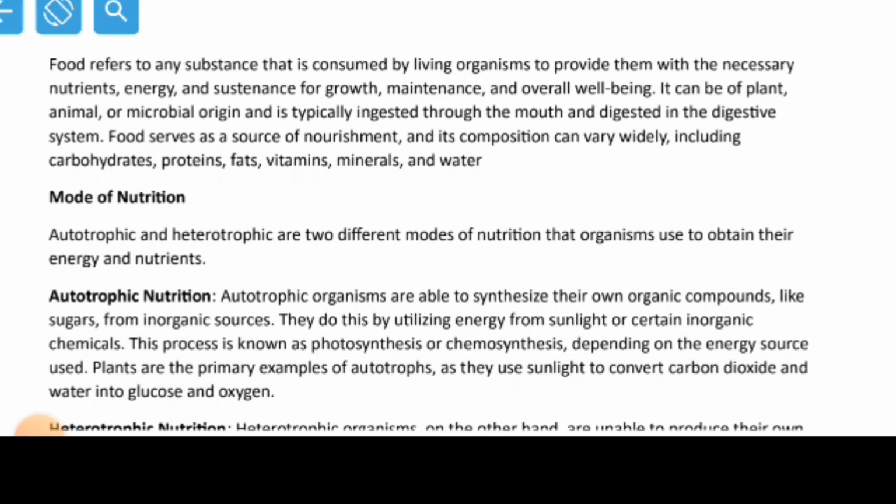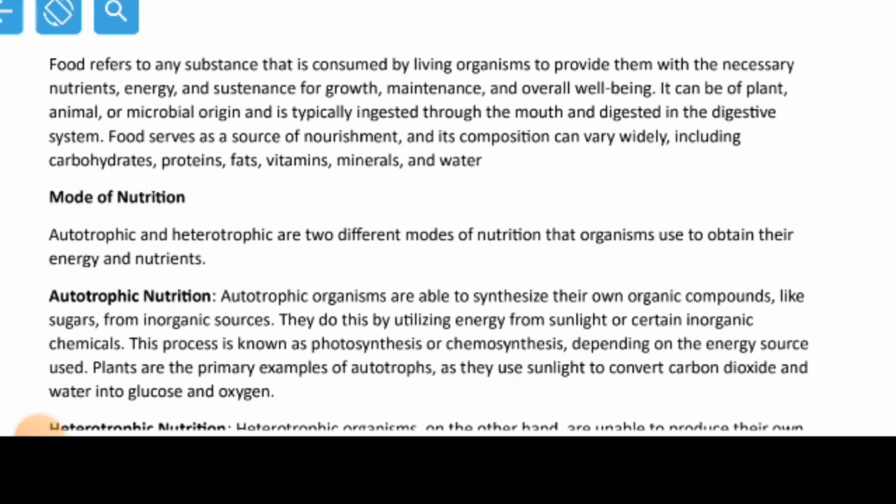Food refers to any substance that is consumed by living organisms to provide them with the necessary nutrients, energy and sustenance for growth, maintenance and overall well-being. By food we mean whatever living organisms eat in order to obtain nutrients, so that they get energy and could survive, and also for maintaining overall well-being.